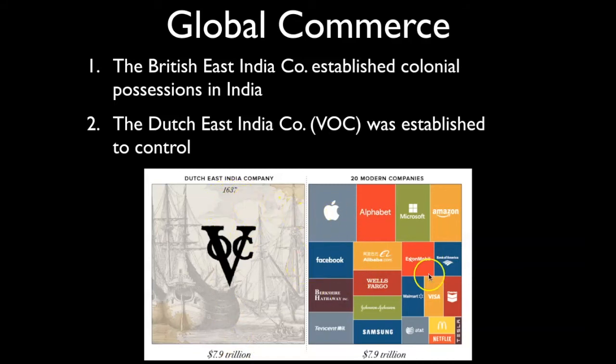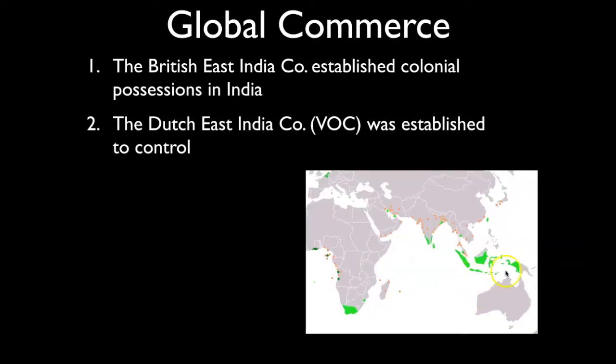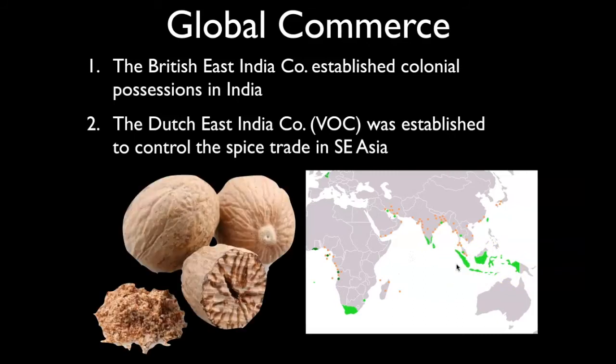That equates basically to the 20 most valuable modern corporations today. And that shows you just how incredibly valuable spices were at the time. Now, where are these spices located? Primarily in Southeast Asia. The modern day islands of Indonesia is where the Dutch East India Company established colonial control. And what kind of spices were they looking for? Spices like nutmeg and pepper.